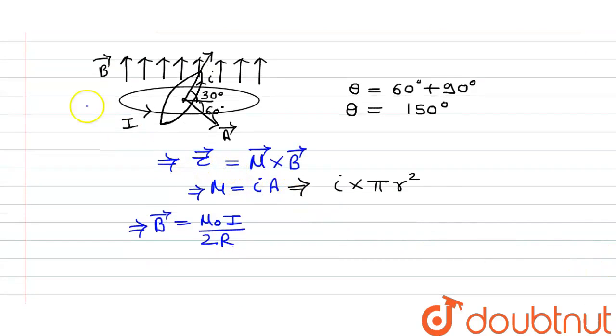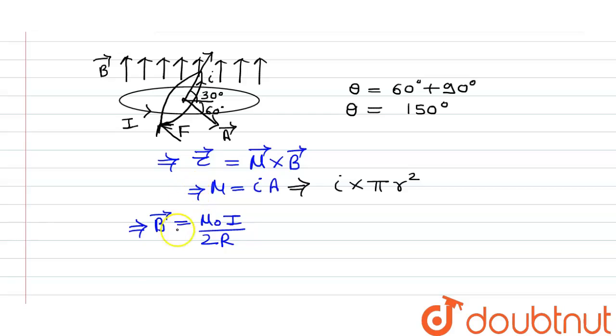Now, to stop this smaller loop from rotating, we have to apply an external force on its periphery. Suppose we apply force in this direction, which is perpendicular to the plane of the smaller loop. The torque due to the external force must be balanced with the torque due to the magnetic field acting on the loop.